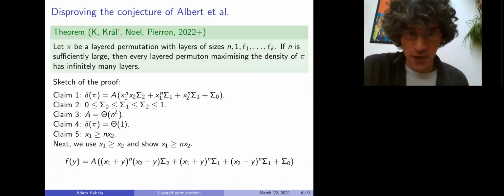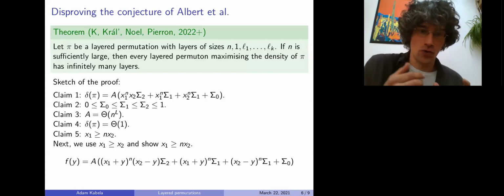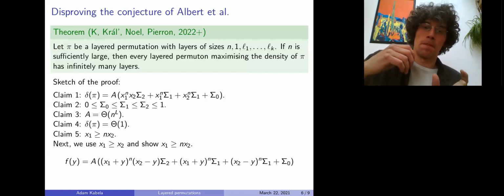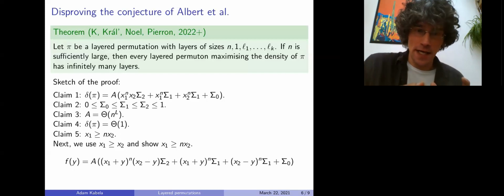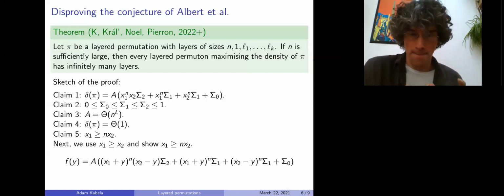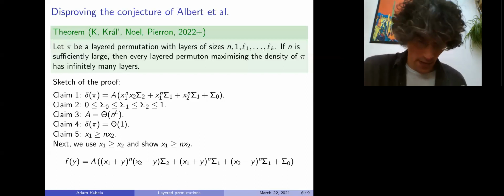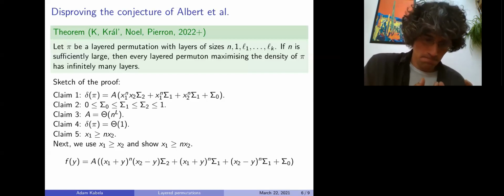So again, this is just a funny way to write the density in the tweaked permutation as a function of y. And once again, by the optimality, by the maximality, when we do this tweak, the density should not increase, right?